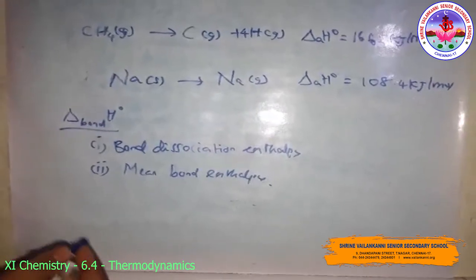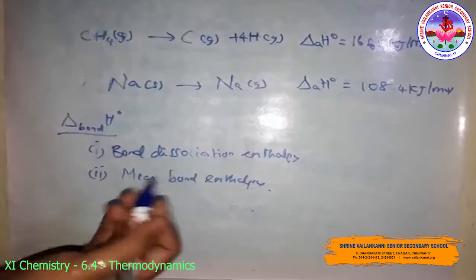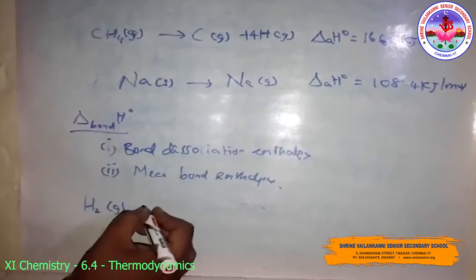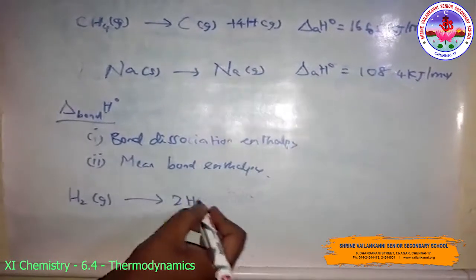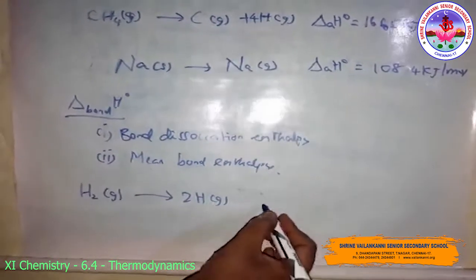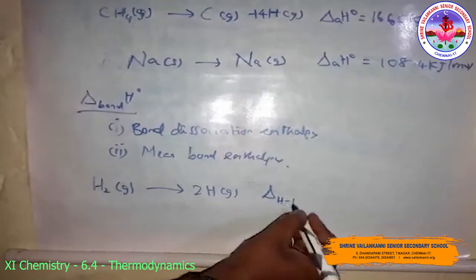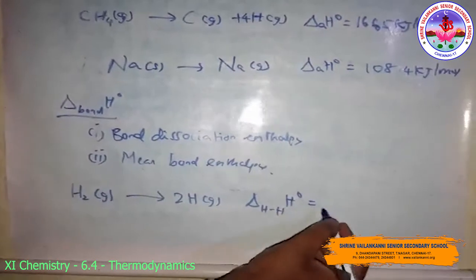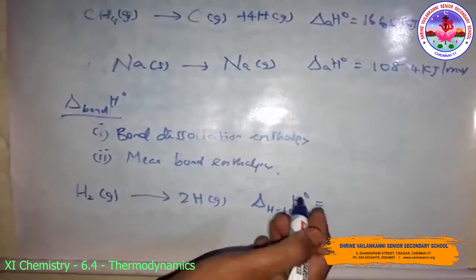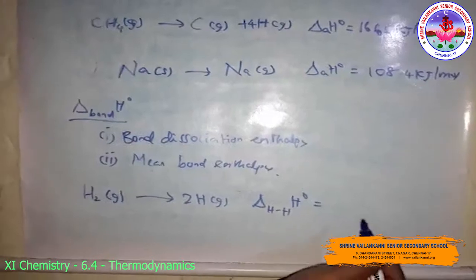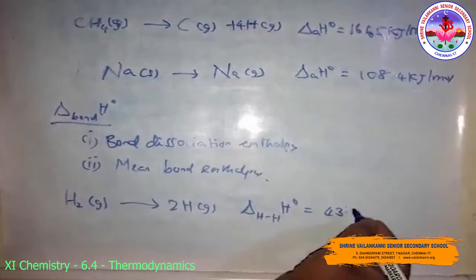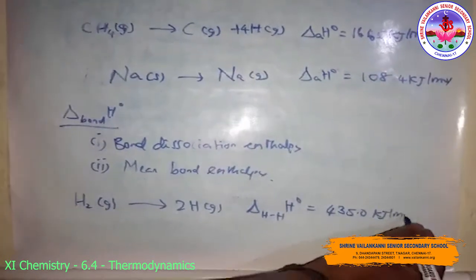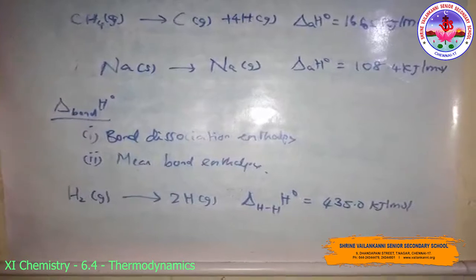For a diatomic molecule, 1 mole of dihydrogen is broken like this: H2 gas produces 2 hydrogen atoms in gas phase. Here the bond broken has a bond enthalpy of 435.0 kilojoule per mole. This is for a diatomic molecule.